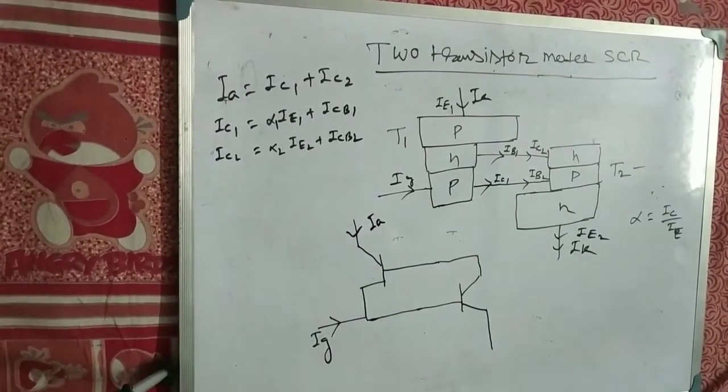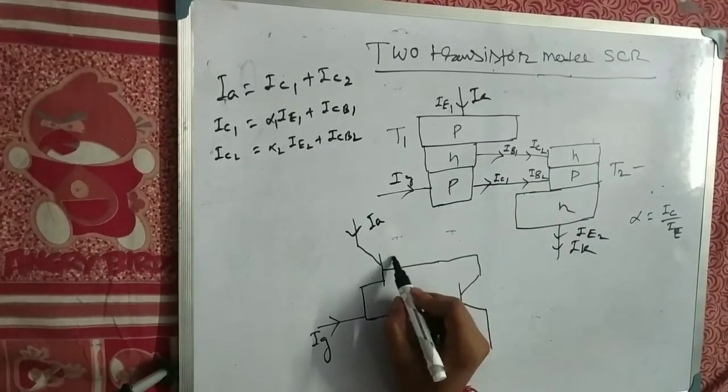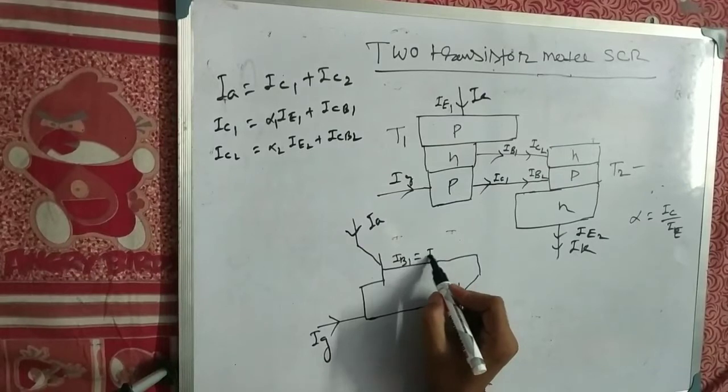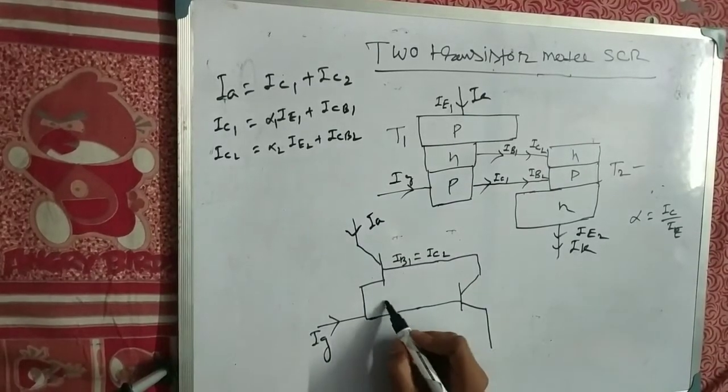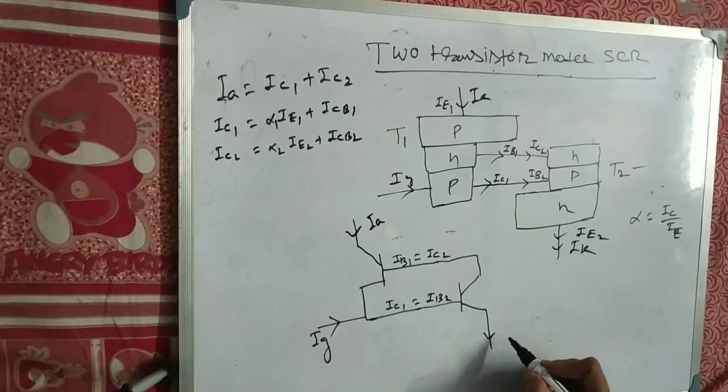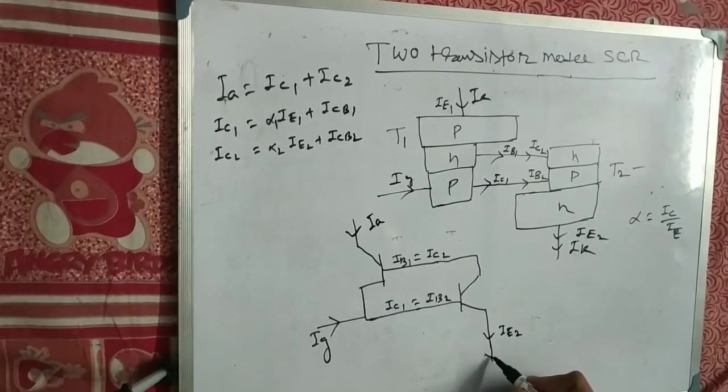I am just drawing this circuit so that you can easily understand. IC1 equals IB2, and this is IE2, or the cathode current.